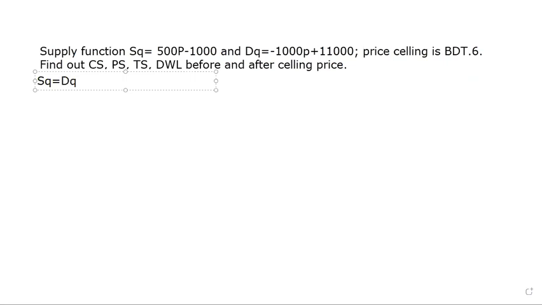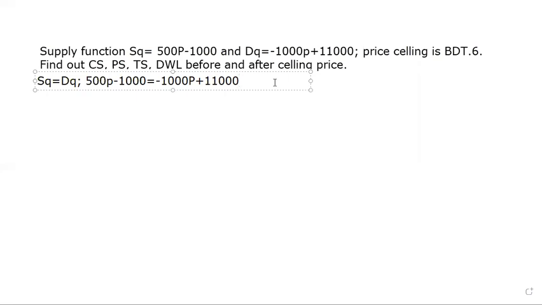That means our demand and supply functions are equal. So we put here 500P minus 1000 equal to minus 1000P plus 11,000. So these are our value factors here.